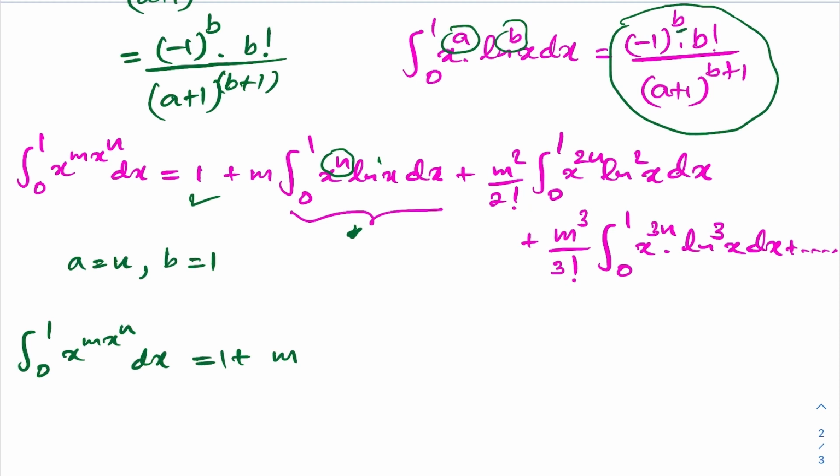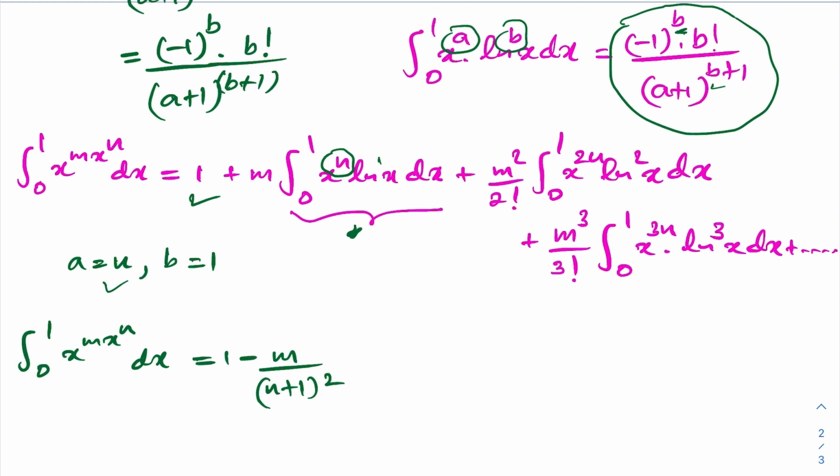When b is equal to 1, here we have a minus sign, so we can write 1 minus m times, a is n, so n plus 1, b is 1, so n plus 1 perfect square, so m over n plus 1 perfect square.